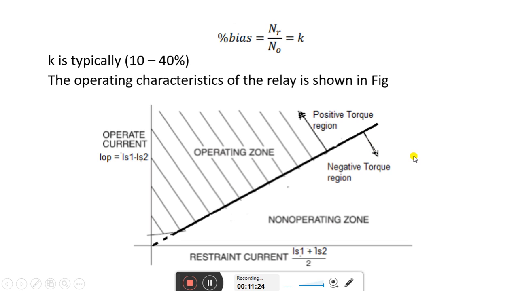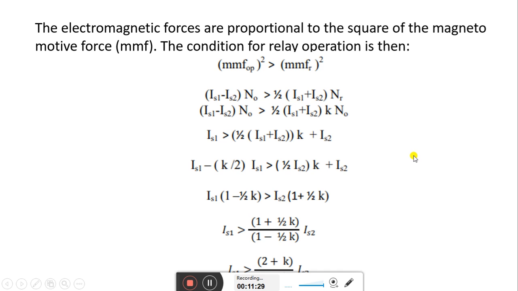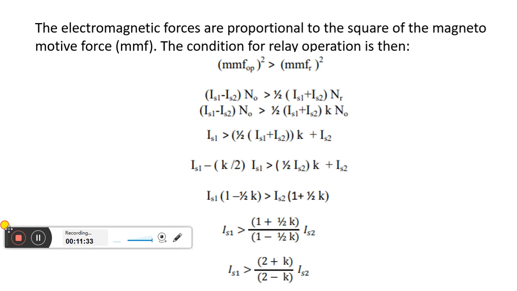Let us see how we can define this with equations. If we say the electromagnetic forces are proportional to the square of the magnetomotive force, then the condition for relay operation is that the magnetomotive force of the operating coil squared must be greater than the magnetomotive force of the restraining coil squared.